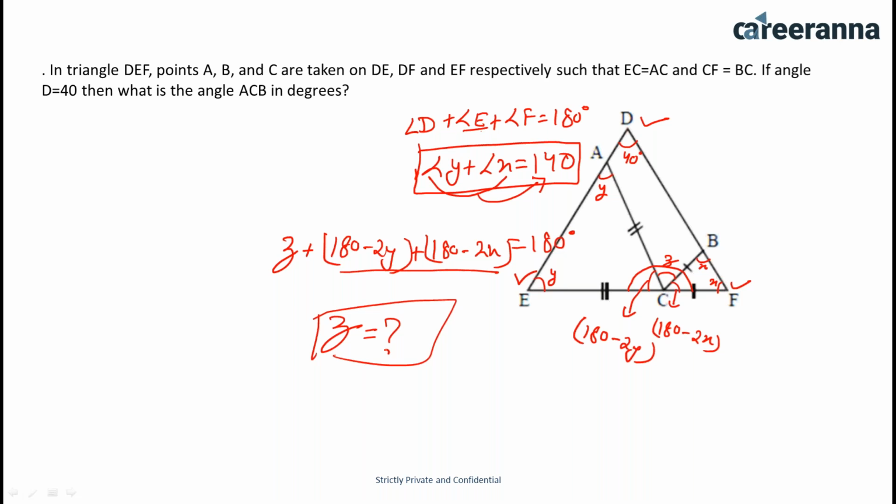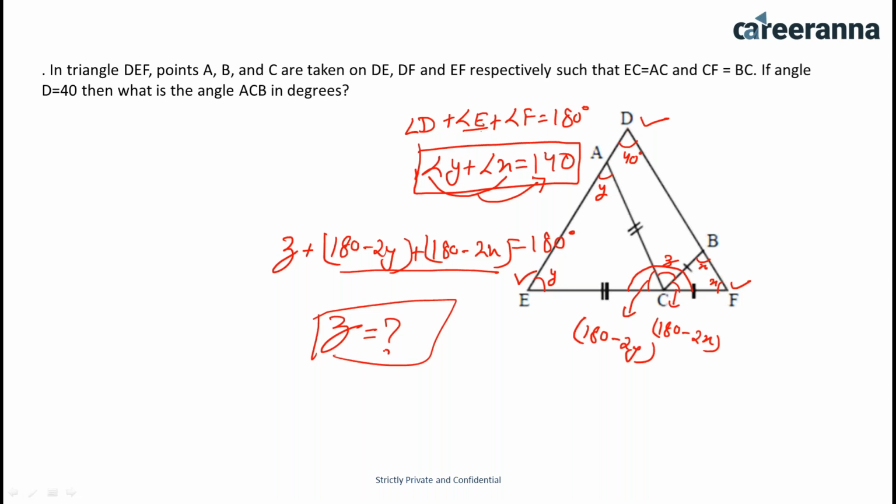I'm giving you 1 more minute extra. Please try to solve like this and tell me what answer you are getting. If you are facing any doubt in this, please ask. We have just used a simple concept. We named the angles, found the relation, and used the relation given in the question.